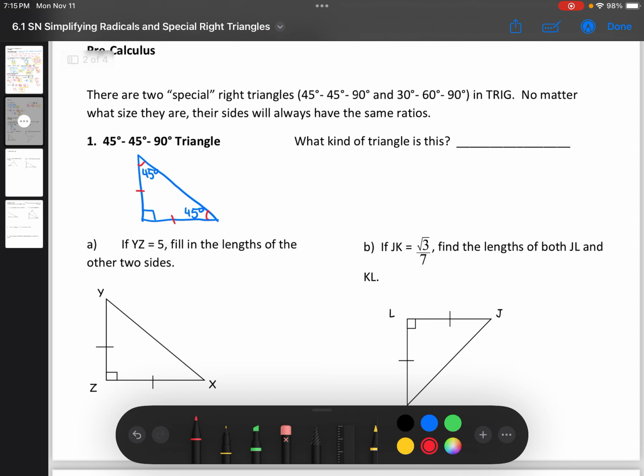So, with there being two side lengths congruent, that triangle is isosceles. It has a right angle, so this is an isosceles right triangle.